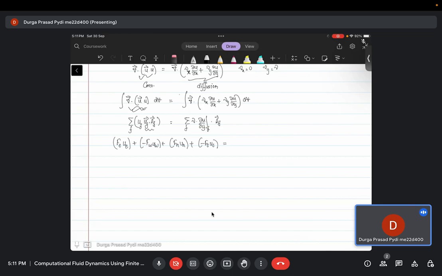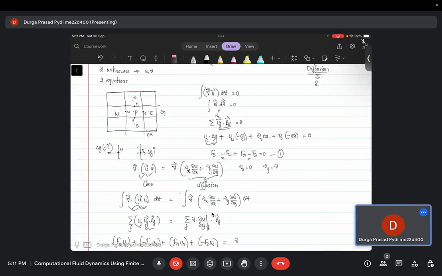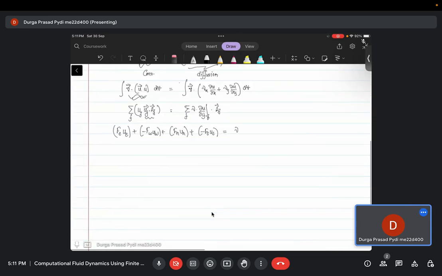On the right hand side we have the normal diffusion term that we were used to have. So mu times del u del y, since it is along the y direction. On the north face your area will be delta x, and on the south face also it will be delta x. Since only the j cap term will be there and there is no mu x in our particular case, the i cap terms will be going.